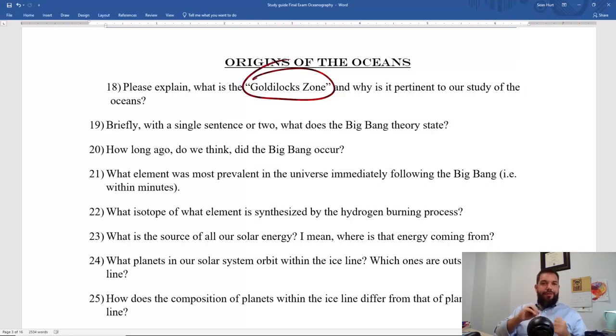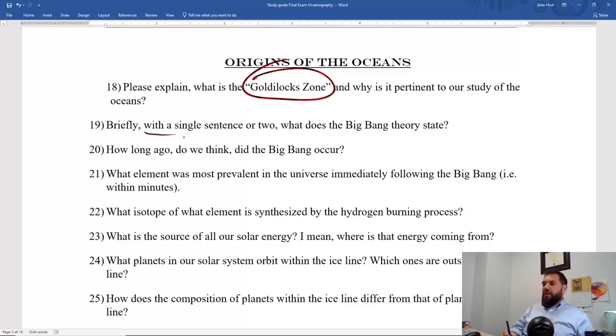It's not too hot, not too cold. It's just right. The same way, Earth is at just the right distance away from the sun to maintain a stable orbit and have a liquid water ocean, right? So if you're too close, if you're too far away, if the orbit was unstable or whatever, we would not be able to maintain that liquid outer shell of water.